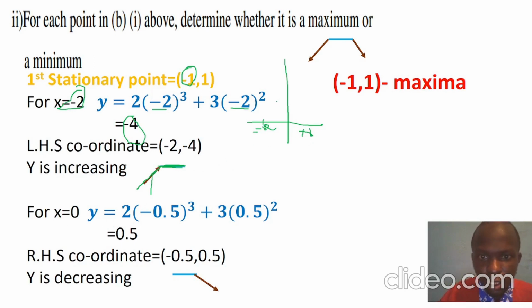Now this is the point on the right hand side, and then you say that the value of x be 0.5. Substitute 0.5. Let me make that correction, 0.5.